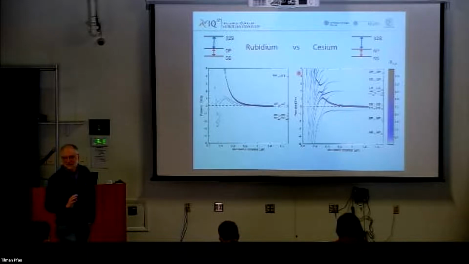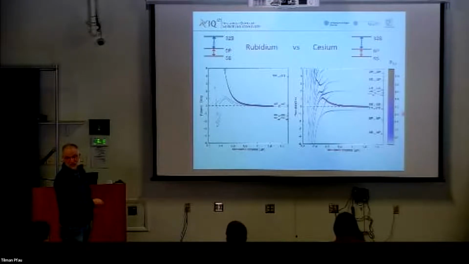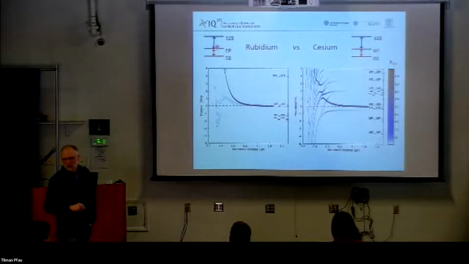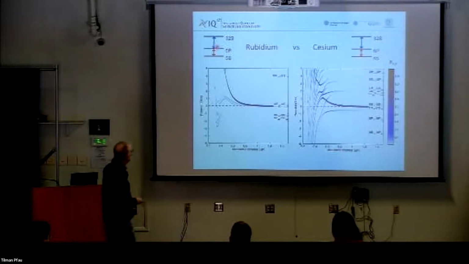So if you would do this experiment with cesium, with vapor cells, it would not work. It would work for cold atoms, because out there at bandwidths in the megahertz range, it's fine. It looks like a clean potential out here, but at short distance, it looks like a mess. So you better do this experiment with rubidium.